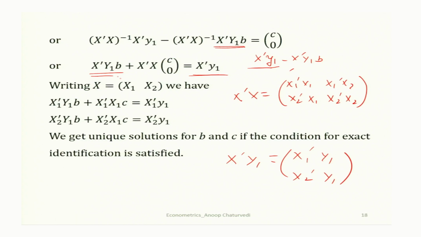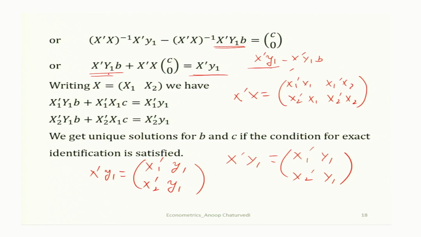So, you can solve it and you get x 1 transpose y 1 b plus x 1 transpose x 1 c plus x 1 transpose x 2 into 0 equal to x 1 transpose small y 1.